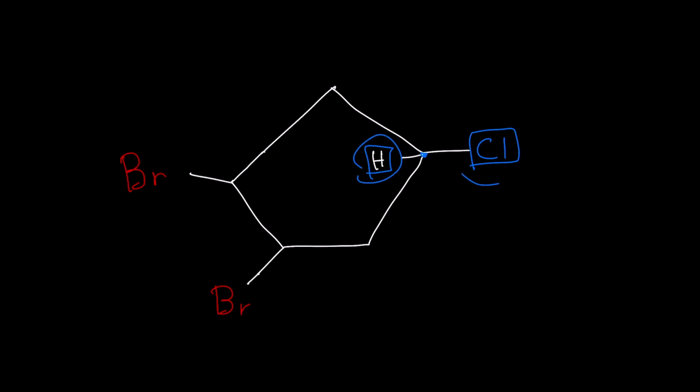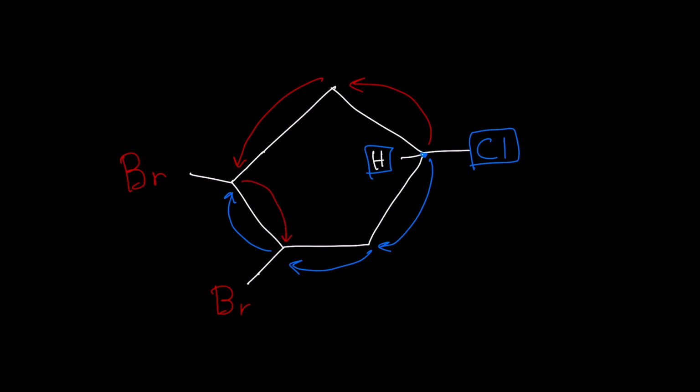The hydrogen and the chlorine are fine as they were before. We're going to go 1 carbon, everything is the same, and then if you go 2, you can see that everything is still the same. We have a carbon with a bromine and hydrogen. If you go one more, it's still the same.